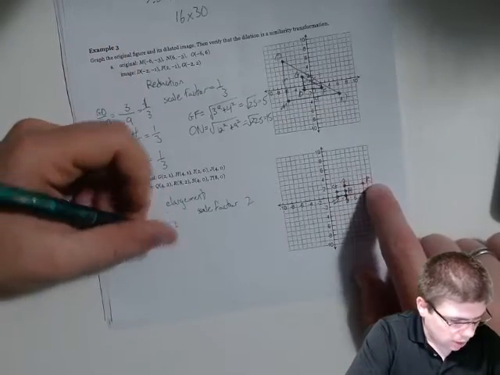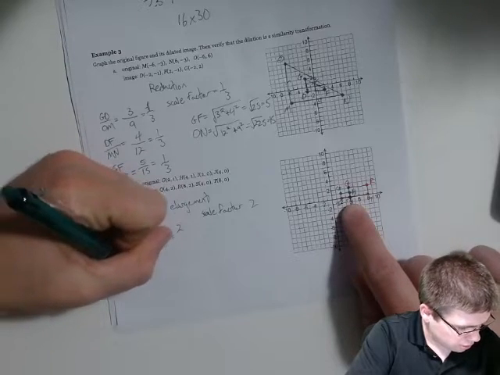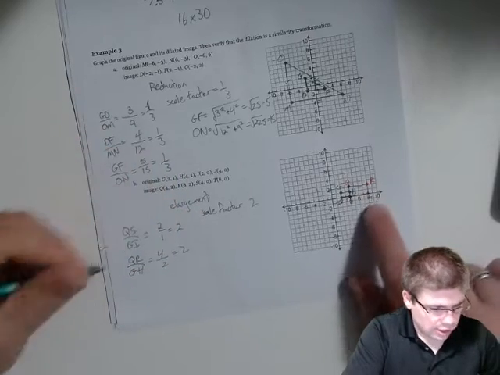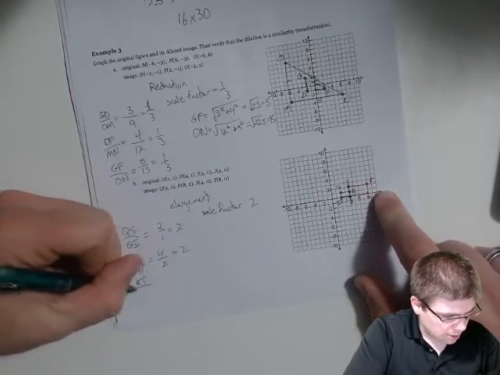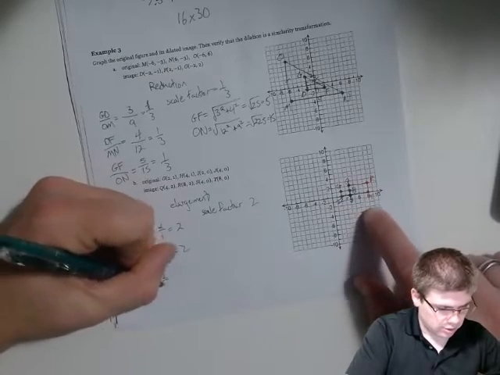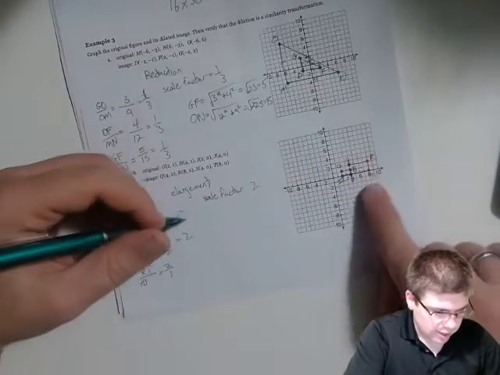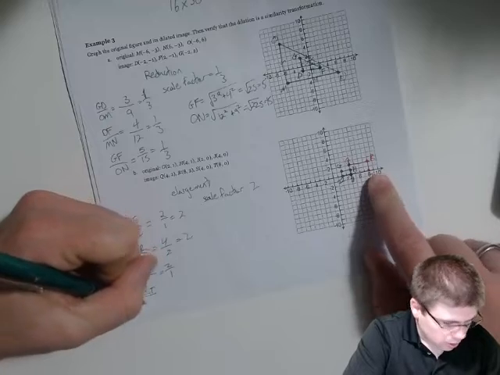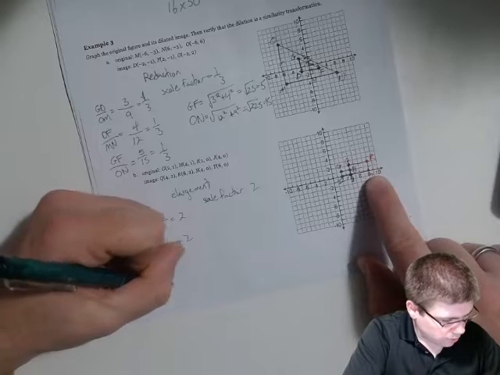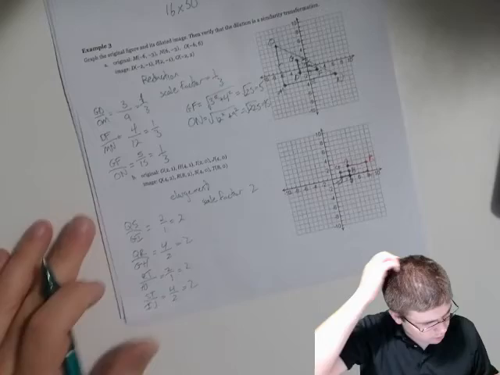QR across the top, QR over GH is 4 over 2, which is 2. RT over HI is 2 over 1. So 2 is that vertical distance, 1 is that vertical distance. And then finally ST over IJ is another 4 over 2. And so all these you end up getting 2. They all have the same ratio.